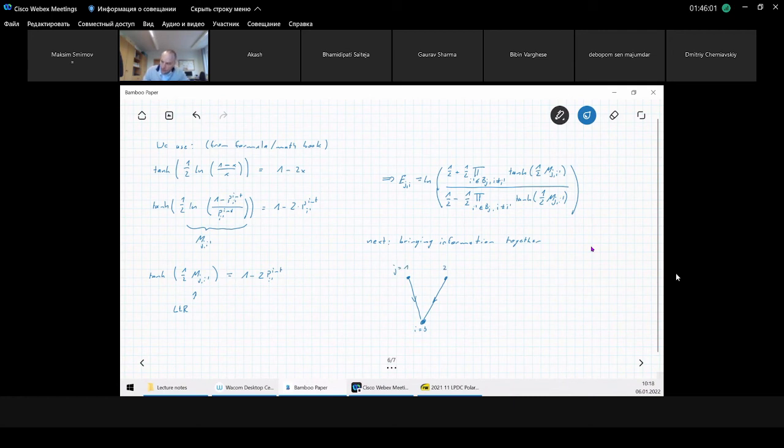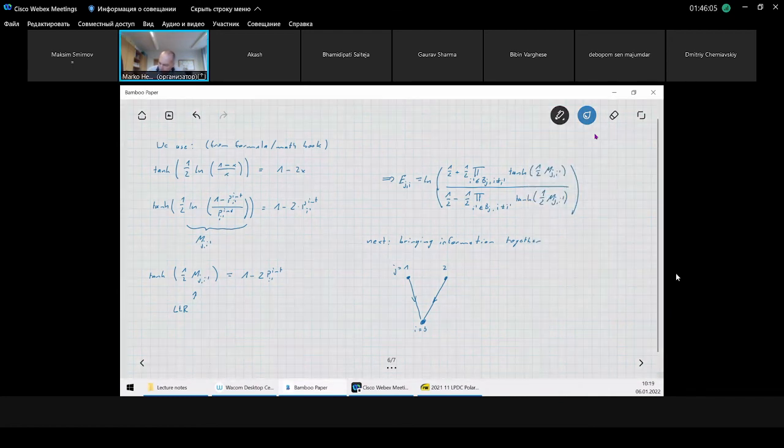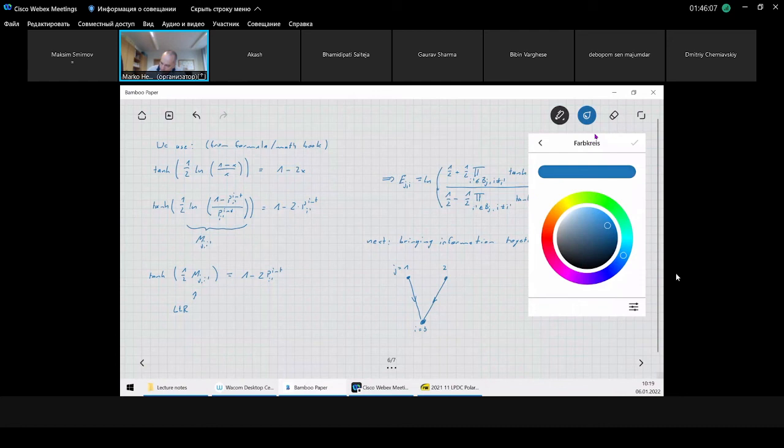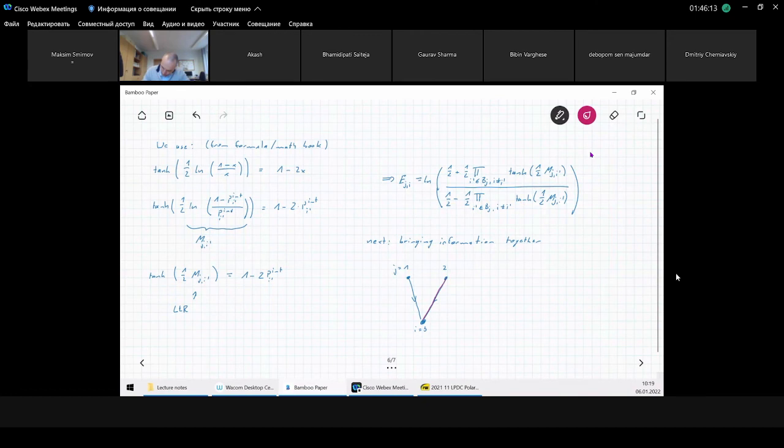So we basically get here, using the same color as before, an E_23.